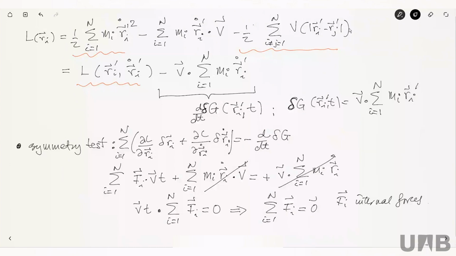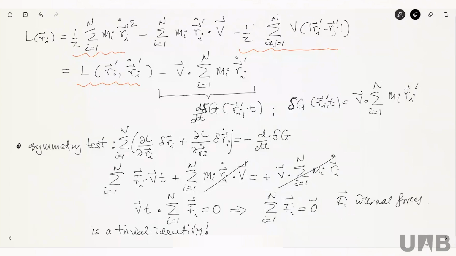We know when we're given a potential like this, in which particles are interacting pairwise, in couples, that the sum of all the internal forces is going to be 0. So, in other words, because this is the potential, I could have said, hey, this sum here is 0, and therefore 0 equals 0. So it's a trivial identity. The symmetry test, in this case, is a trivial identity. It doesn't give us any condition at all.